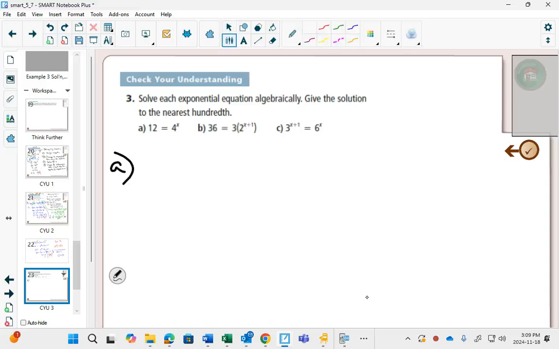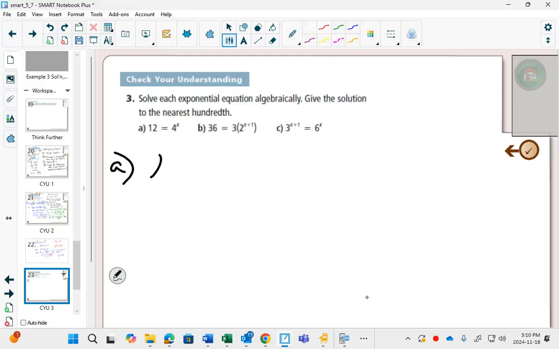Now this is not to say this is the only way to do this, but this method works no matter how complicated a question you get. There are some shortcuts that people like. I can even show you some. But when you see an x in the exponent, ask yourself, could you get the power by itself? Well, in the first one, the power is already by itself.